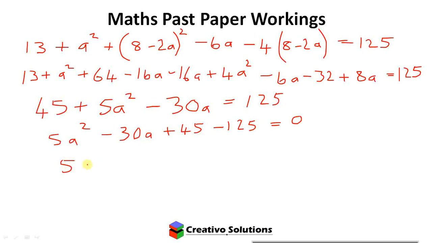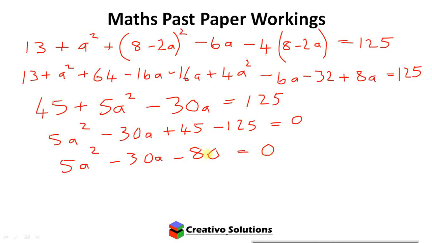So the trinomial in its simplest form, which we can then factorize, is 45 minus 125, which is minus 80, equals 0. Right, because I have an equation that's equal to 0, I can make it simpler. So I'll do that just now.